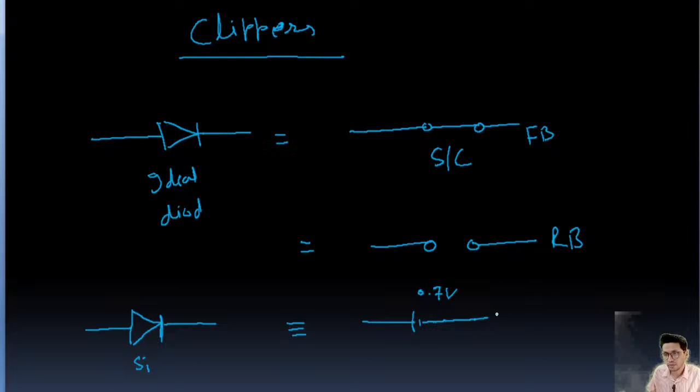And if it is reverse biased, it is going to be open circuited. So for an ideal diode it will be short circuited in forward bias, but for a silicon diode there would be a voltage of 0.7 volt across the diode in forward bias. And for reverse bias, for both the ideal and the silicon diode, it will be open circuited.